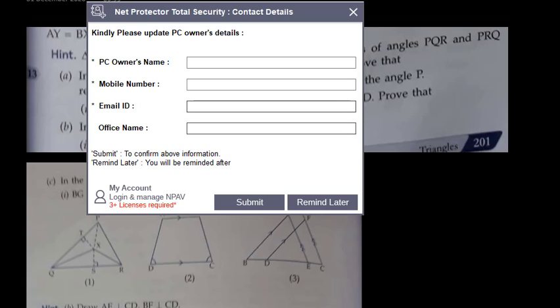Question number 13. In figure given below, QX, RX are bisectors of angle PQR and angle PRQ respectively of triangle PQR.